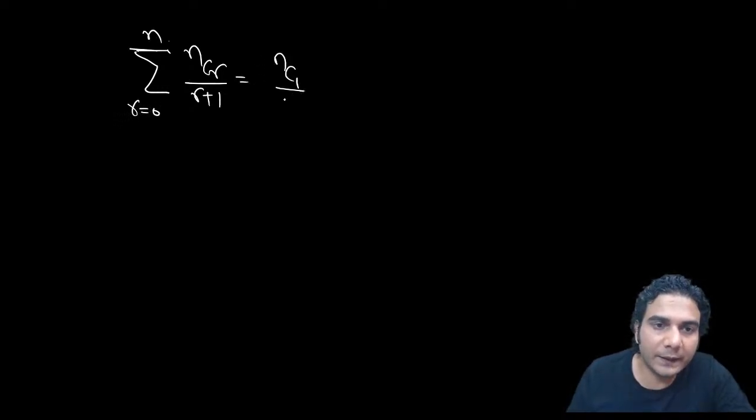Now we will begin the second type of series, in which numbers are there in the denominator. This series is sigma nCr upon r plus 1, r from 0 to n. If you expand it, it is written as nC1 upon 2 plus nC2 upon 3, and so on up to nCn upon n plus 1.